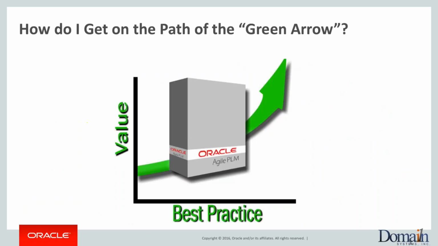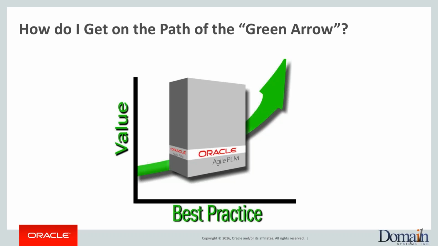The value that we see you get from Agile is applicable to, number one, how creative you can be, and then how creative you can be in applying best practices to the business processes you are implementing against.